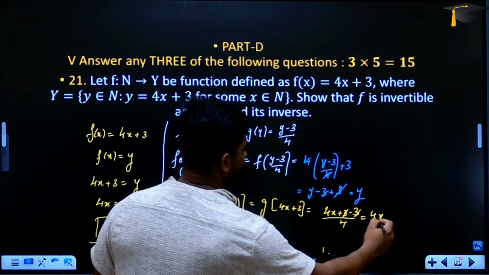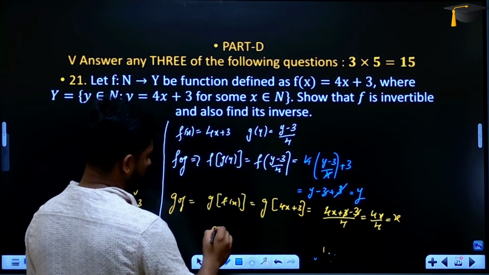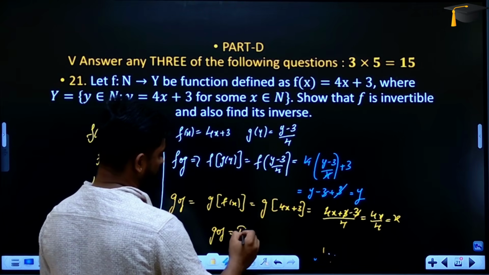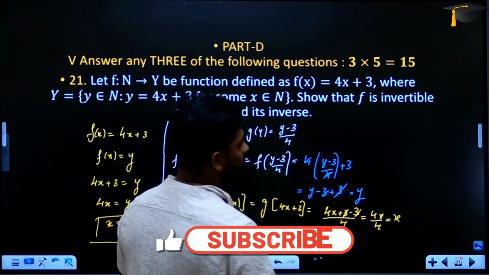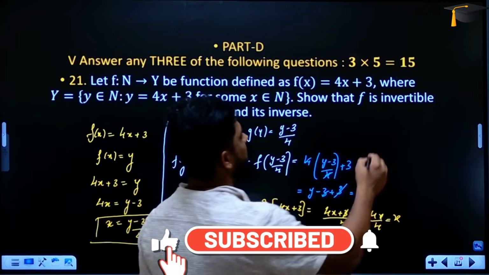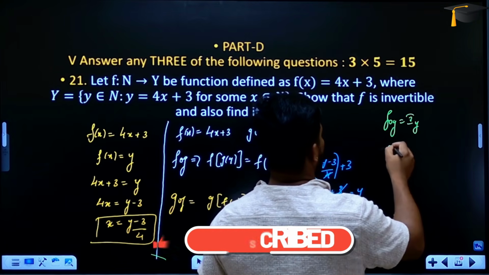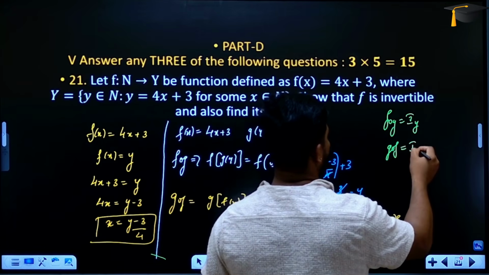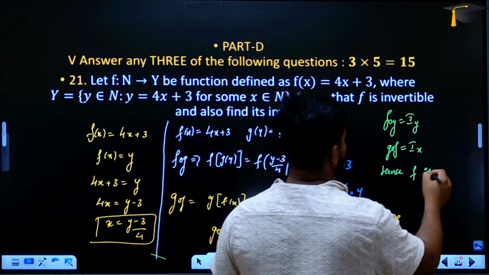So 4x by 4 is equal to x. So we got gof is equal to Ix. Okay, so finally, fog is equal to Iy, and gof is equal to Ix. Hence f is invertible.